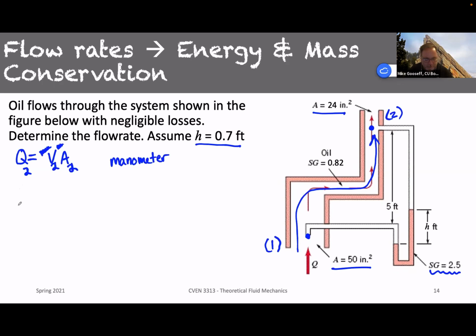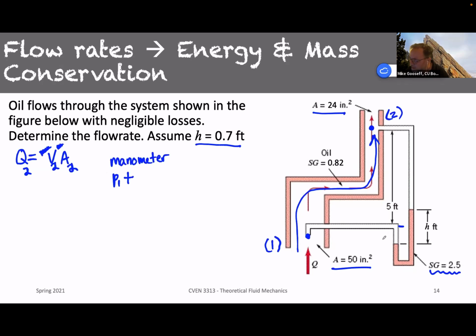From P1, I can start with P1 and add some length here. By the way, I'm going to assume that this downspout here doesn't really have a lot of length to it. In other words, it's infinitesimally small, and my stagnation tube doesn't have to hook down that far.